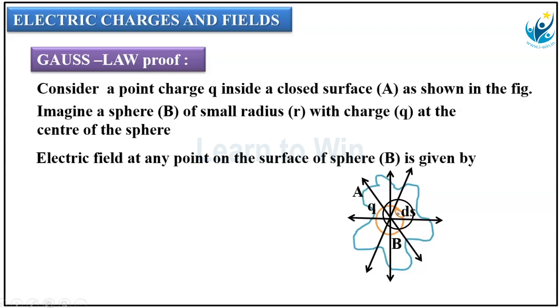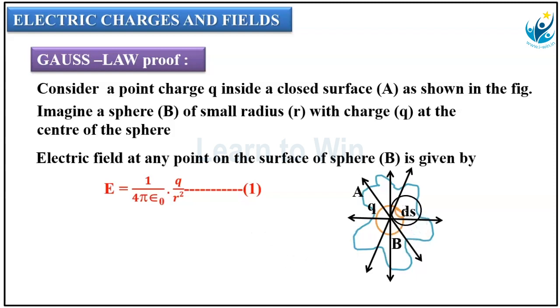Due to a point charge, the electric field intensity E is 1 by 4 pi epsilon naught Q by r square. This is the electric field intensity on the surface of this small sphere B due to a charge Q placed at its center. Its expression is E equals 1 by 4 pi epsilon naught Q by r square.